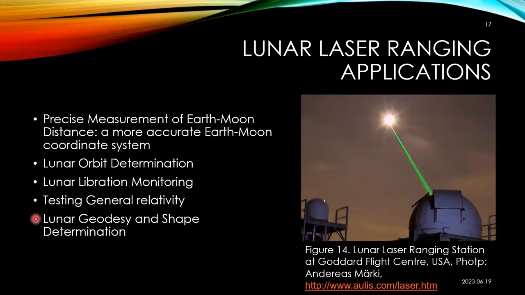General relativity theory can be tested by that. You see the bending of the signals due to the gravity field: how big are they, and are they in agreement with the theory or not? And also determining the shape and the size of the Moon, of course.